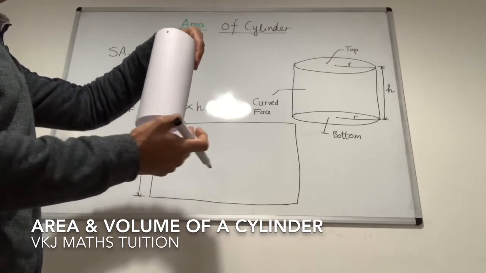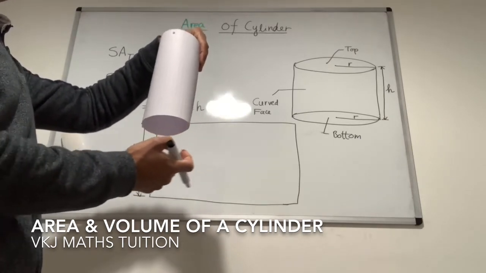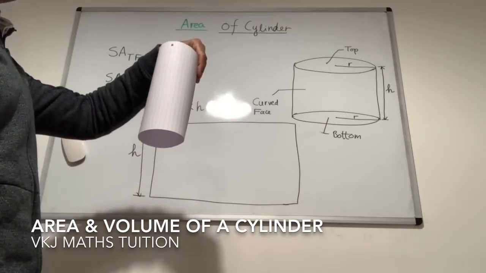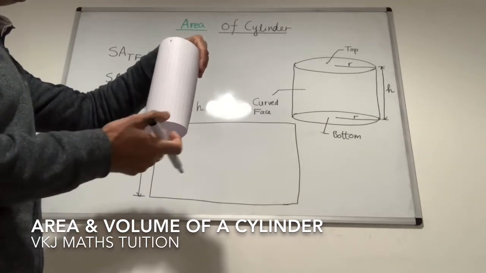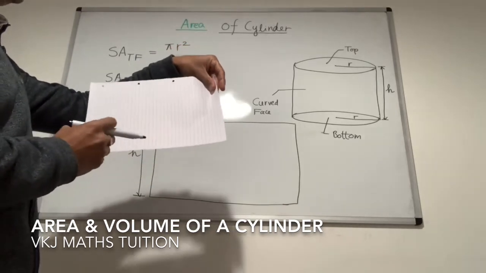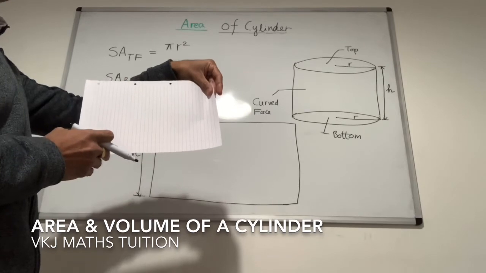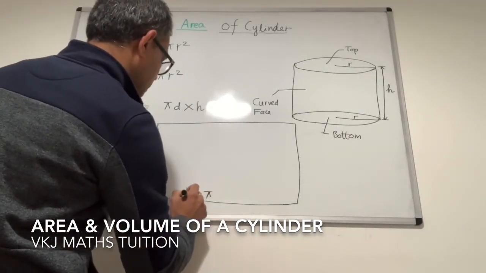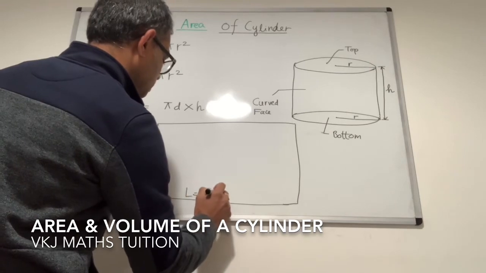The circumference. And what is the circumference? Pi d. This circumference, which means the length around it, remains the same when you cut it open. So this length is equal to pi into d.